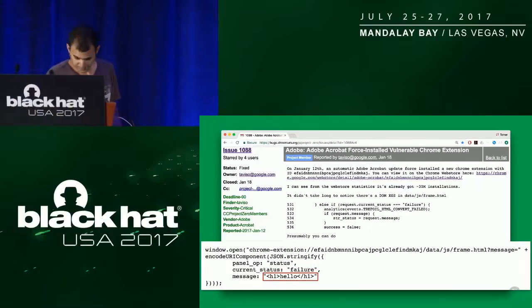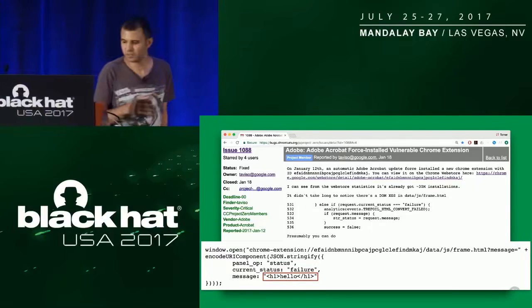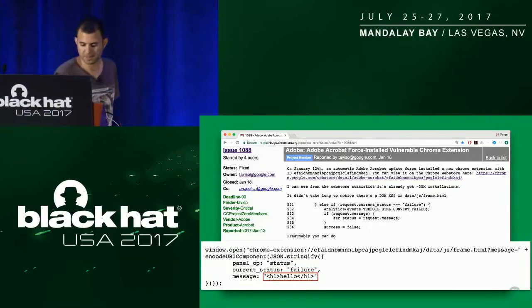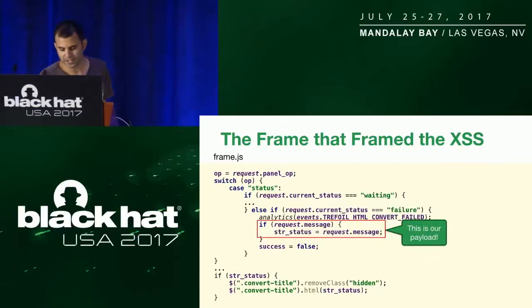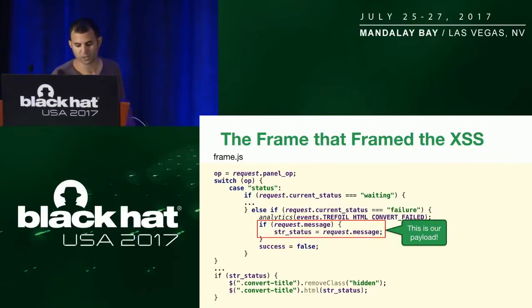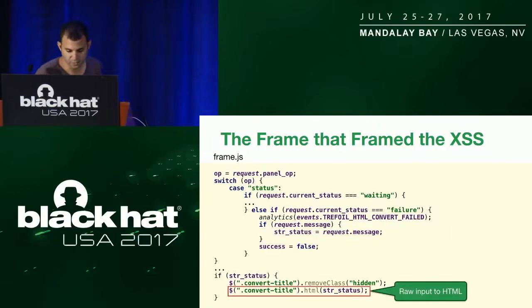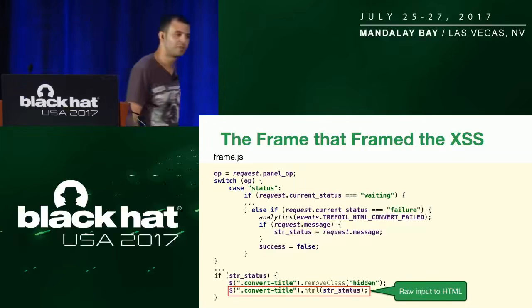Now, this vulnerability almost allowed universal XSS, but it didn't, at least from what I tried. Why? So let's see where the vulnerability is. It's pretty straightforward. Here's how our payload in request.message gets into strStatus, and then strStatus gets into the raw HTML of the title of this page.